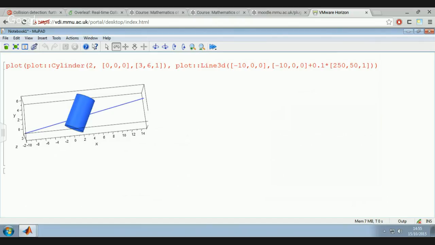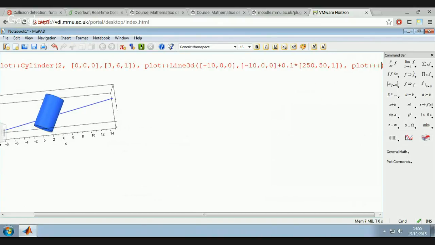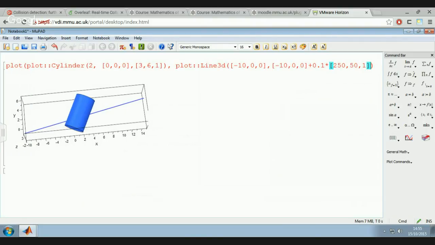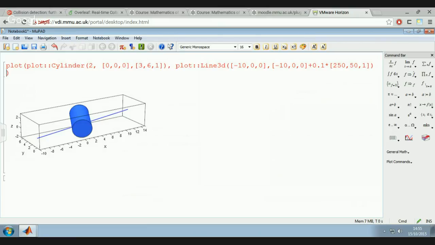Okay, we could actually just confirm the intersection points as well, because we could add in a point. How do I continue the line? I don't want it to wrap around.